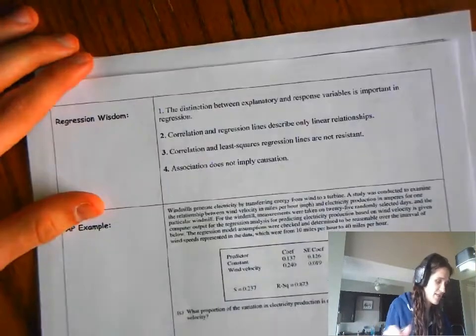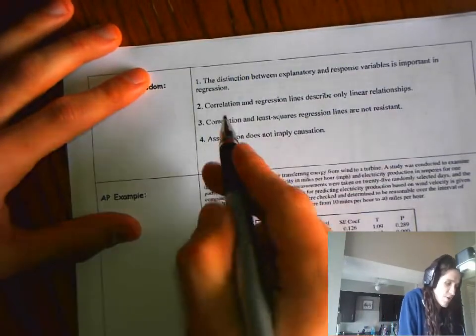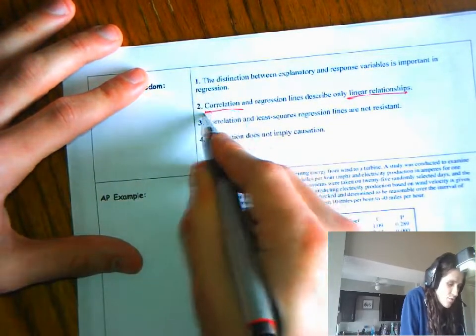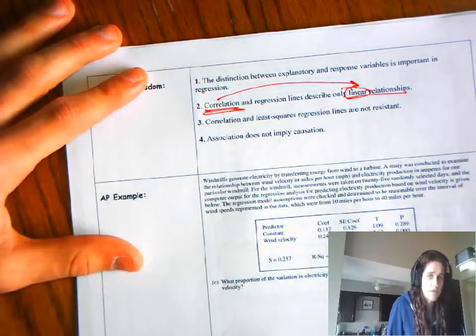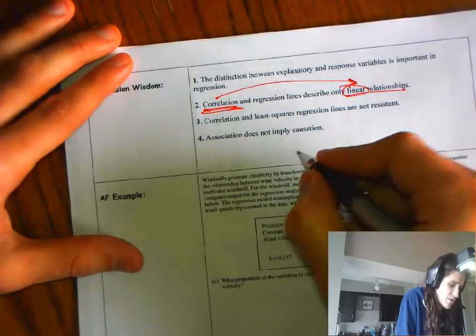I'm going to do this regression wisdom, and then I'm going to be done here. Distinction between explanatory and response is important in regression. Correlation and regression describe only linear relationships. This is the one I actually care about. The word correlation is talking about linear things. Just don't use the word if you're not talking about linear things. The general word is association.